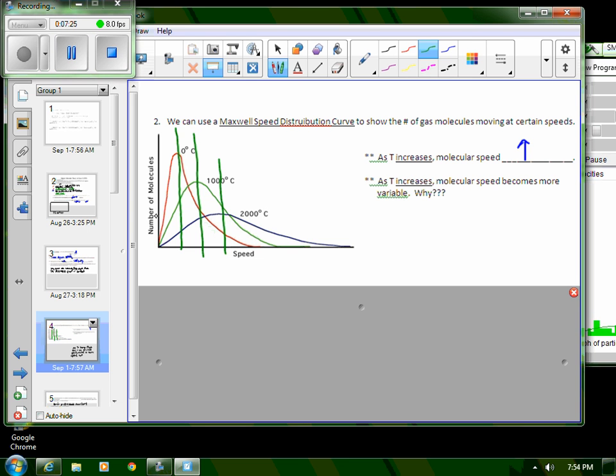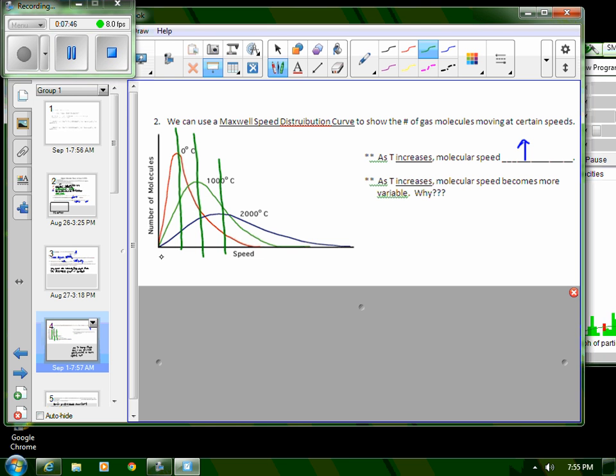Now why does it start off pointy up here, like a tall curve, and then flatten out and flatten out? Well, if you think about it, let's say you're in your subdivision, and the speed limit's 25. There's not that much difference in speeds that you see at that slow speed.